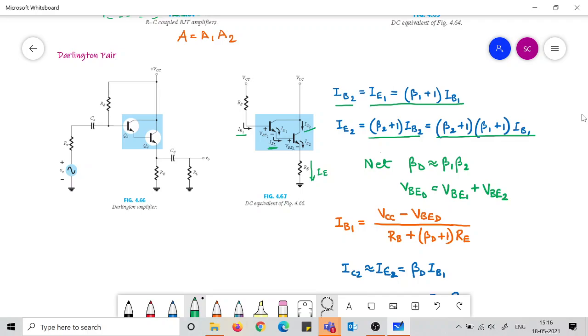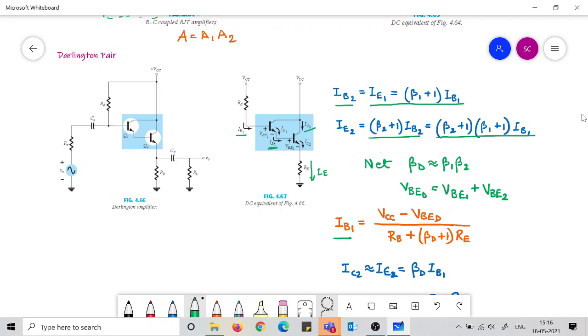Now basically we need to find out IB1, because this IB1 is the input base current which we need to figure out in order to get to IE2. So what would be IB1?